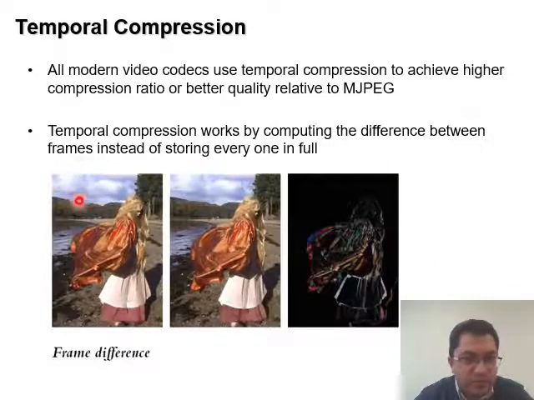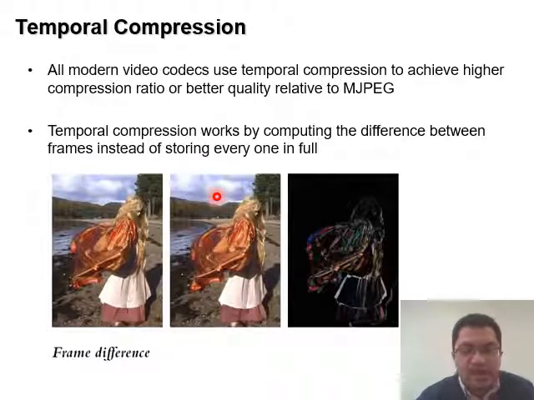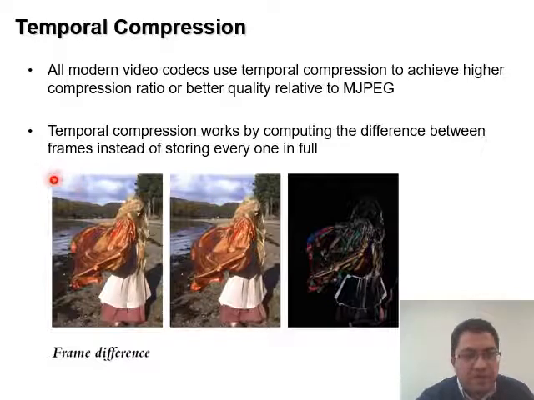Most probably between this frame and this frame, if the time difference between them is in milliseconds, the clouds wouldn't have moved between this frame and the next one. So there would be no difference. Every pixel, if you take that pixel and compare it to this pixel, they will have exactly the same color. That's why when you take the difference between them, you get 0, black. Same thing for the trees, same thing for the ground.